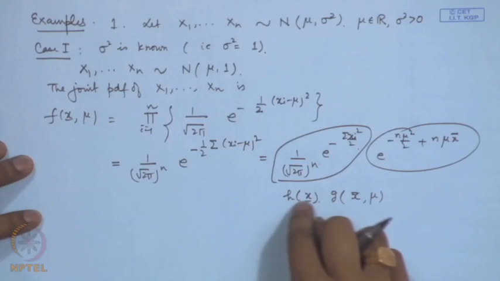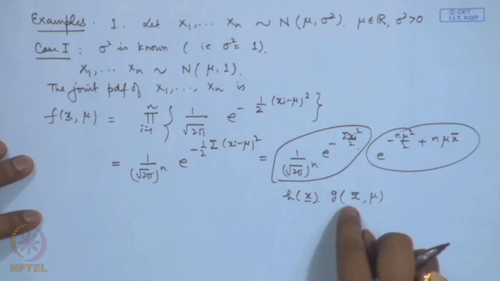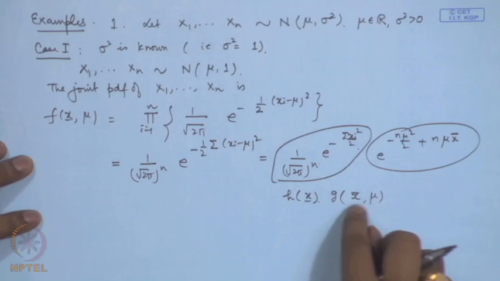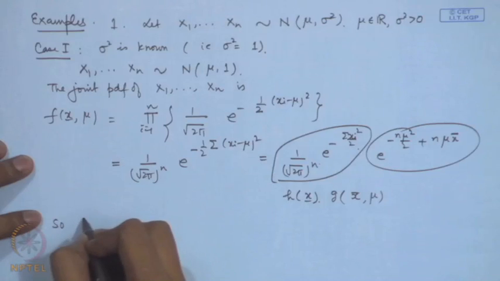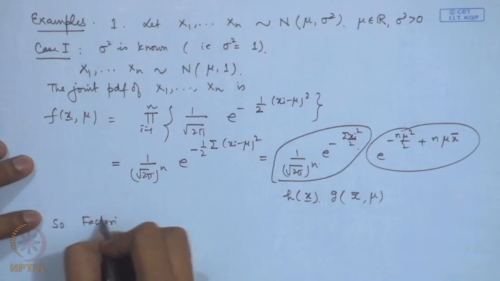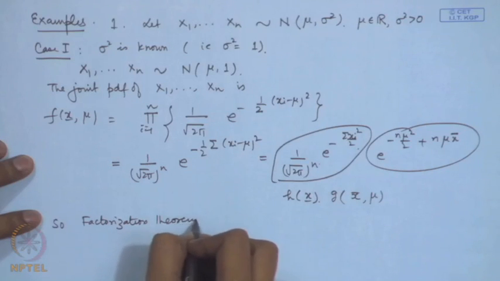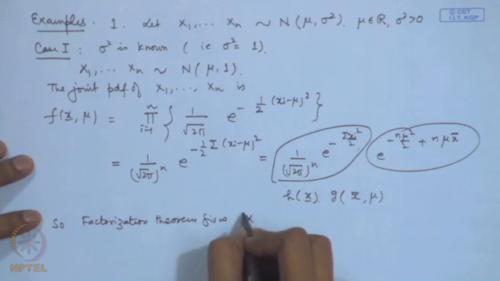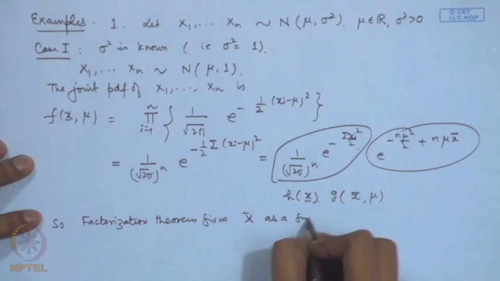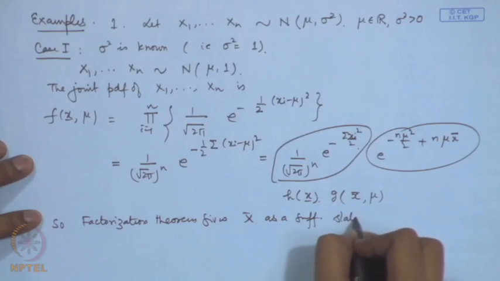We have one term which is free from the parameter and the other term which is dependent upon the parameter and depends on the variable only through x bar. So, by the factorization theorem, this gives x bar as a sufficient statistic.